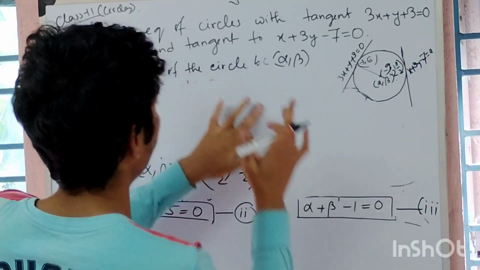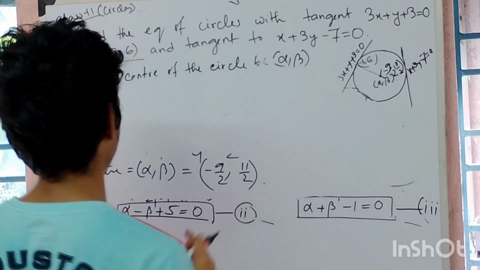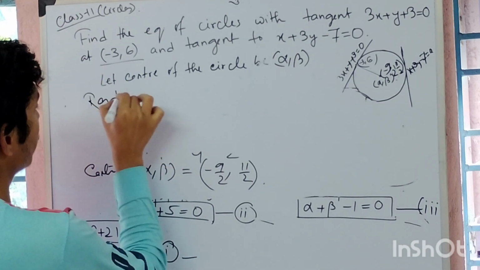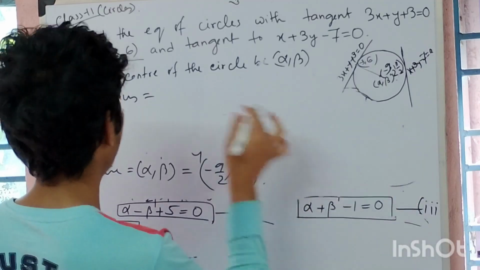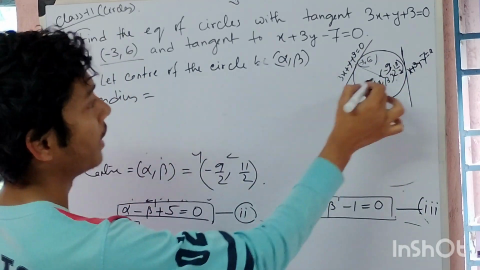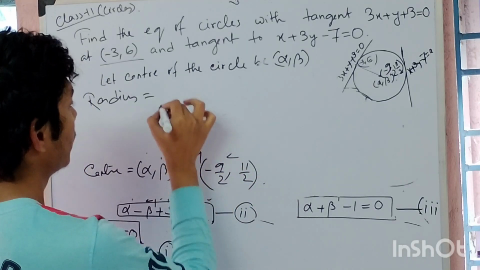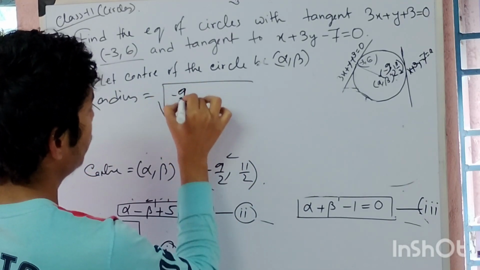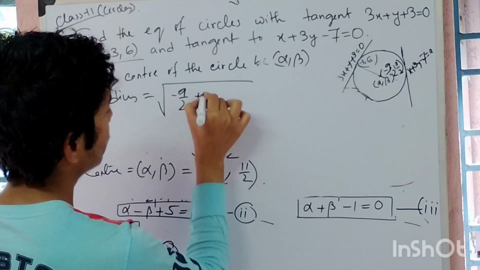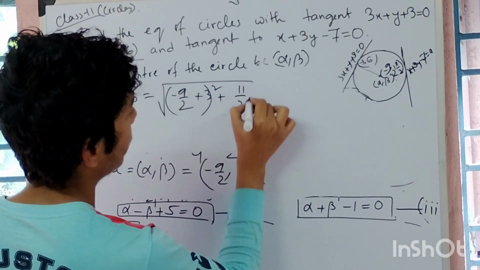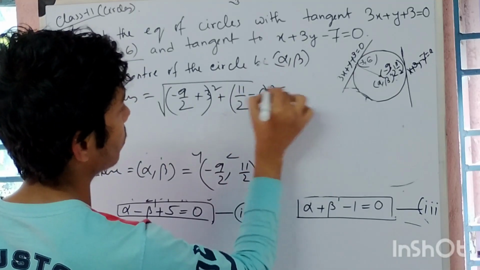So my radius will be the distance between this and this, that is root over of minus 9 by 2 plus 3 whole square plus 11 by 2 minus 6 whole square.